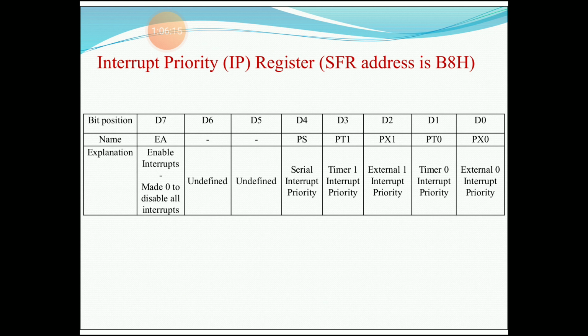The D1 bit is PT0, priority of timer 0 interrupt. The D0 bit is PX0, external 0 interrupt priority. So from the register format, if only one bit is set, then the corresponding interrupt has the highest priority. If more than one bit is set, then the controller goes by the priority order from the table and handles that interrupt.